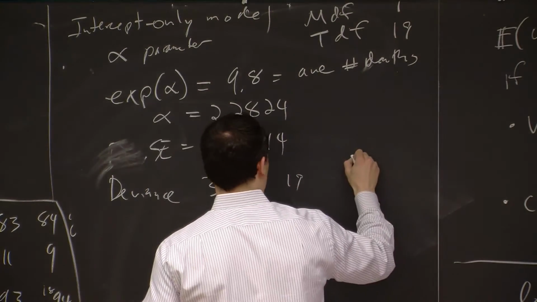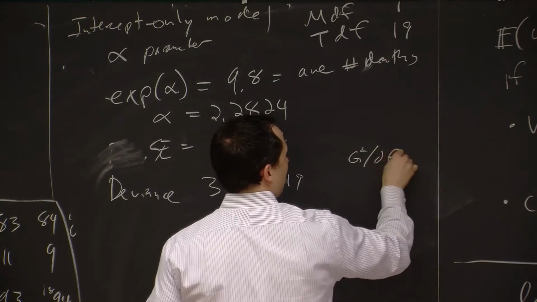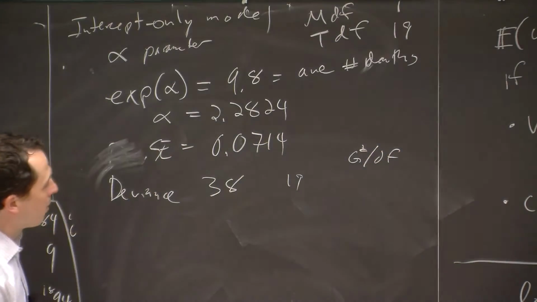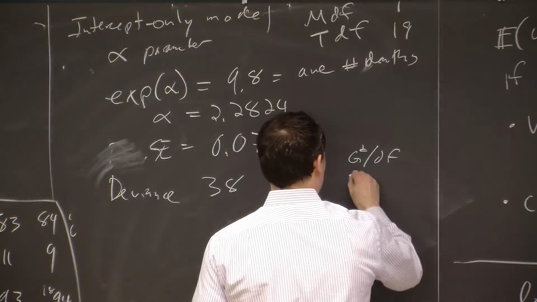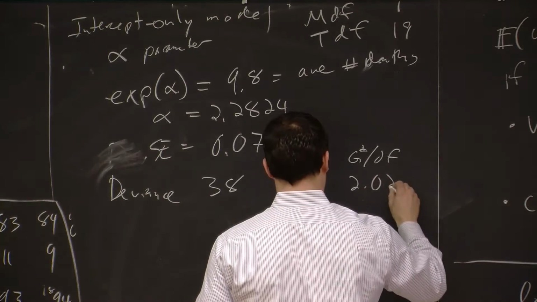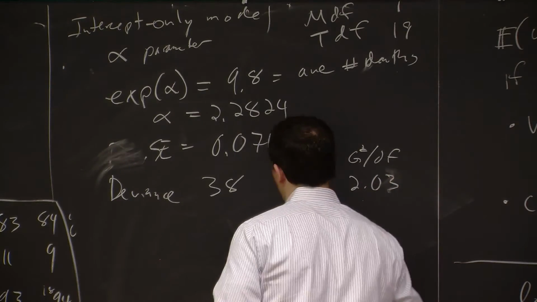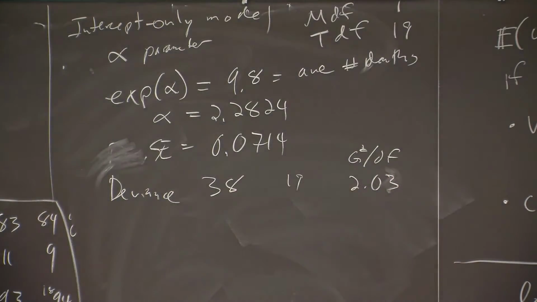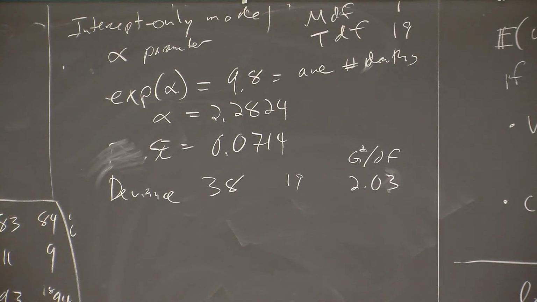So the G squared divided by degrees of freedom, which is your quick way of thinking about how good the model fits, is 2.0, say 2.03. So the model doesn't fit that well.